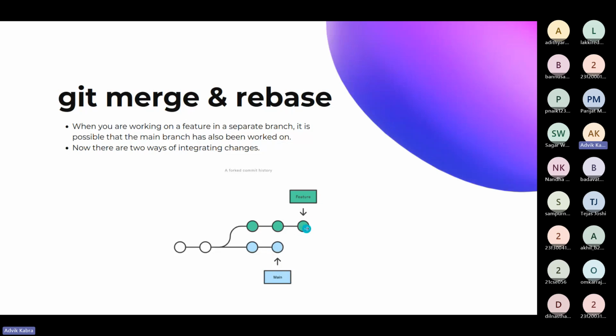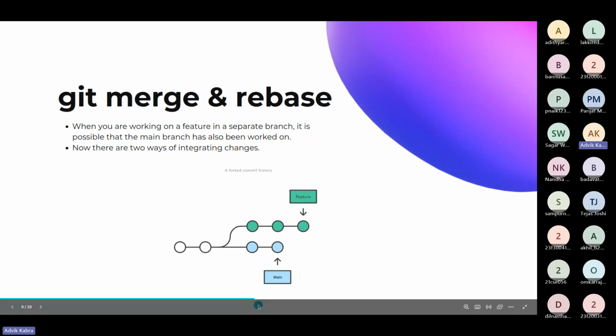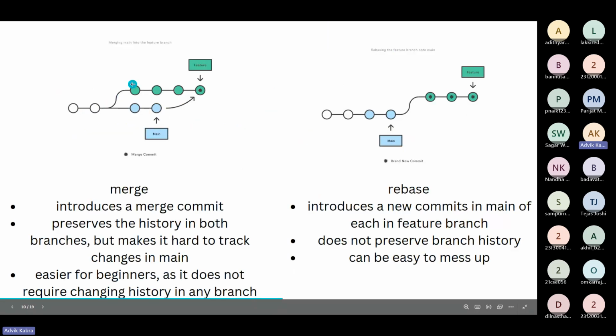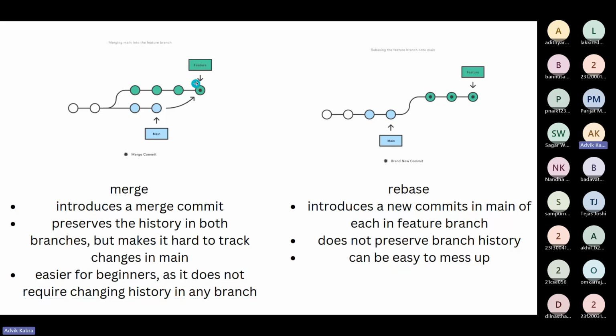The two ways are through a merge or through a rebase. So one way is through a merge. So now this feature and this main, both these branches join back, right? And then the next commit will be here in the main tree, and this branch would have joined here. So it just moves on like this, right?